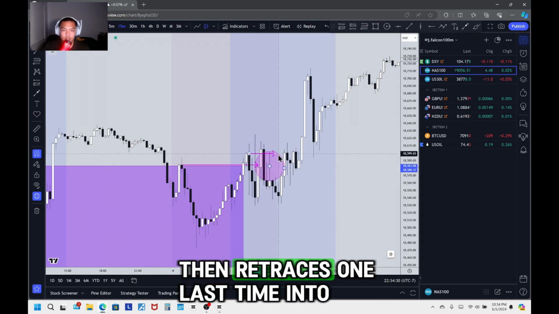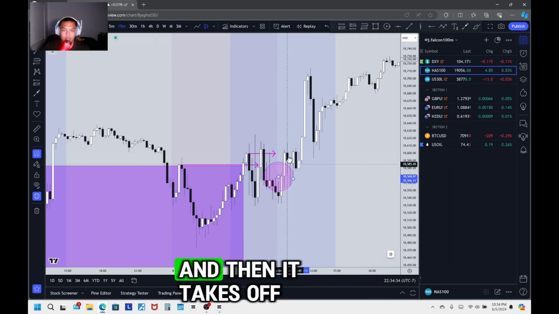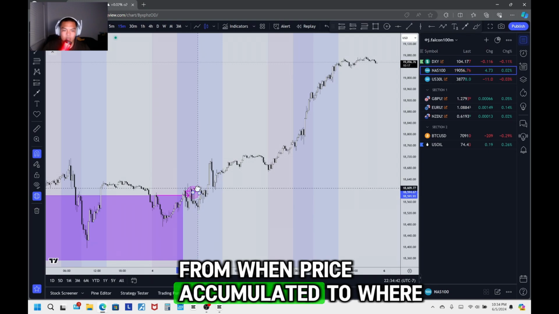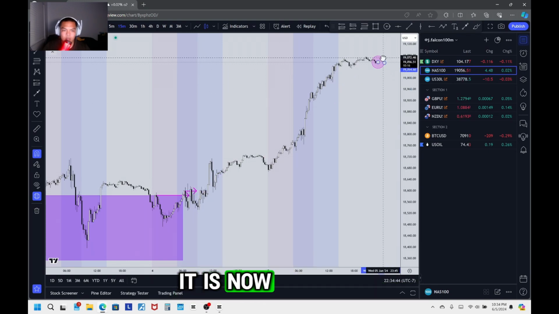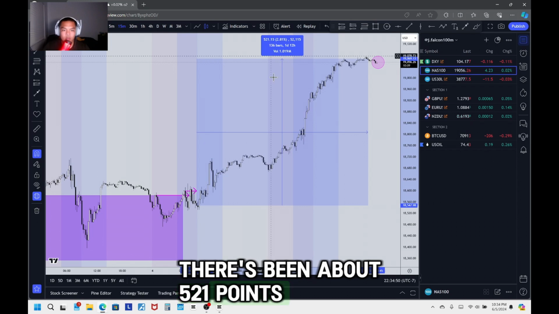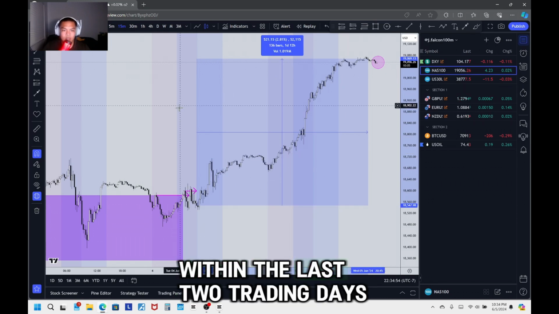Price then retraces one last time into the last down move, and then it takes off. From when price accumulated to where it is now, there's been about 521 points that you could have gained within the last 2 trading days.